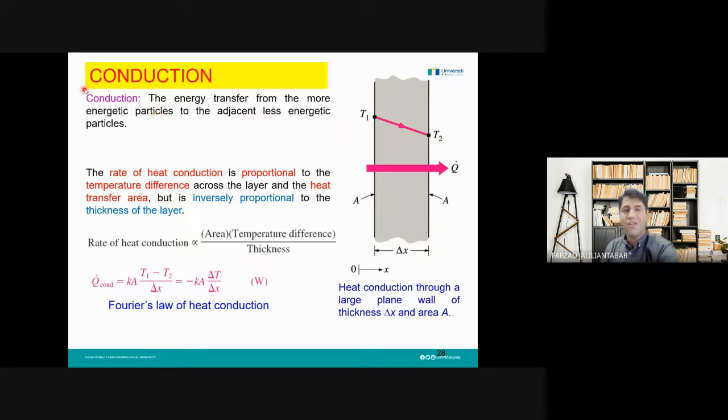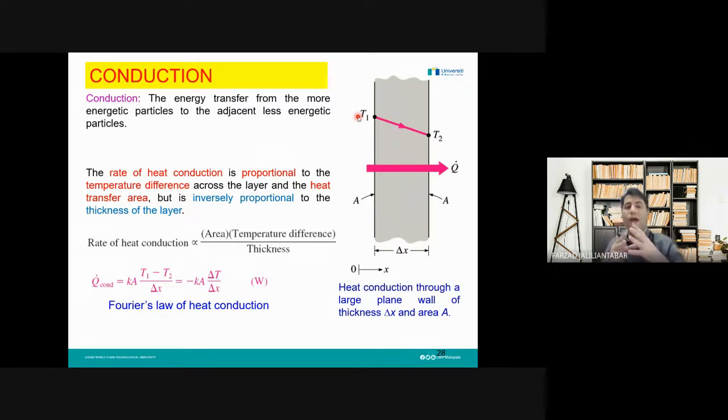In conduction heat transfer, the energy transfer from the more energetic particles to the adjacent less energetic particles is the reason for this type of heat transfer. In other words, energy is transferring from one molecule to the other molecule one by one.